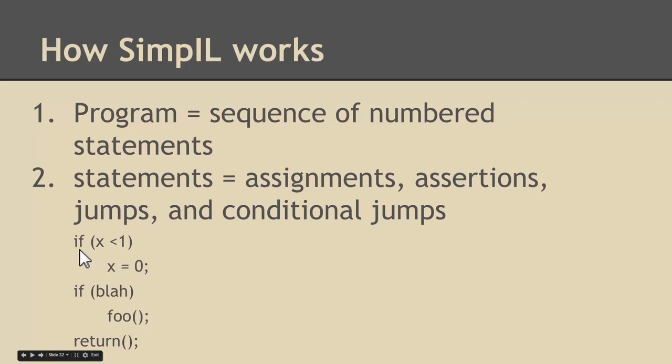A conditional jump would be if x is less than 1, do this, otherwise go here. And likewise, a conditional jump would be if this evaluates to true, do this, otherwise jump here. And an unconditional jump would simply be return, go back to the previous chunk of code.